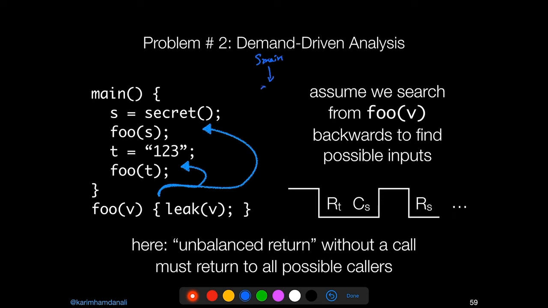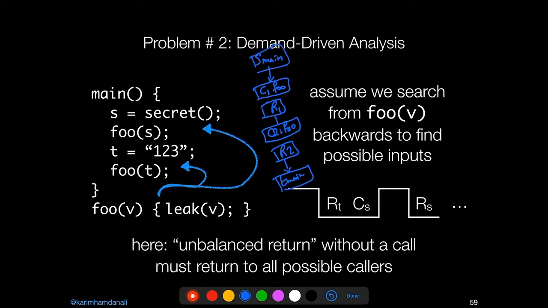We're going to have C1 that goes to foo, and we're going to have R1. And then we're going to have more stuff. Then we're going to have C2 also goes to foo, and then we're going to have R2, and then we're going to have E main.